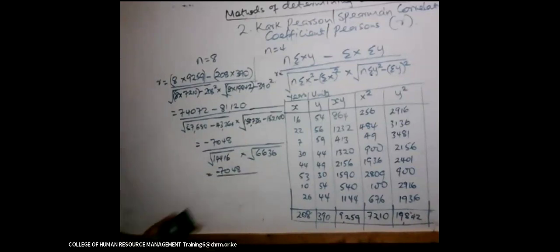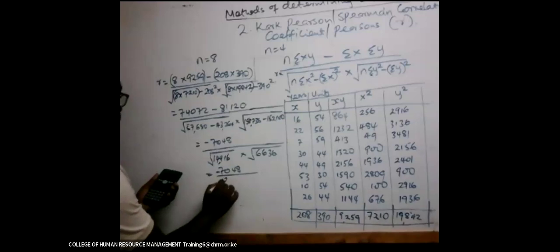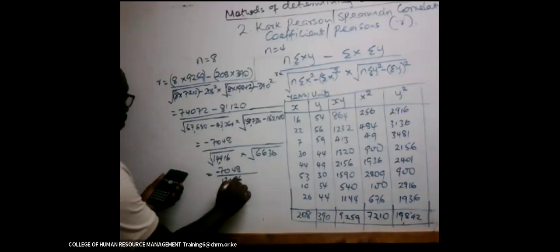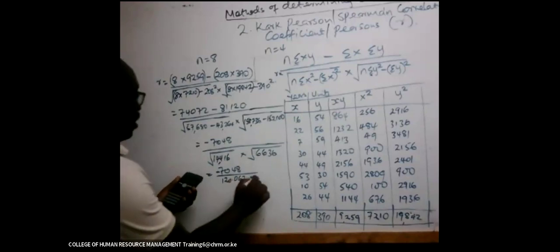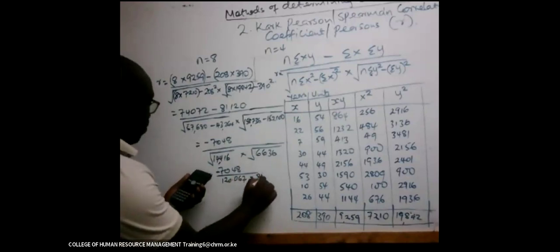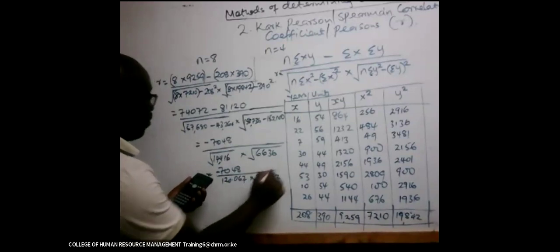divide by, if you take the square root of this, you get 120.067 times the square root of this. You get 81.462.